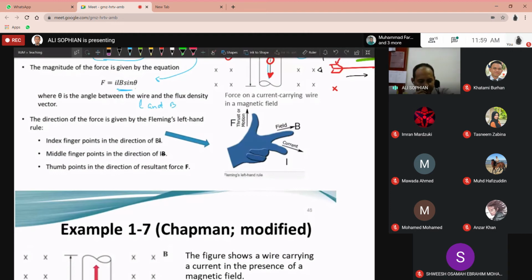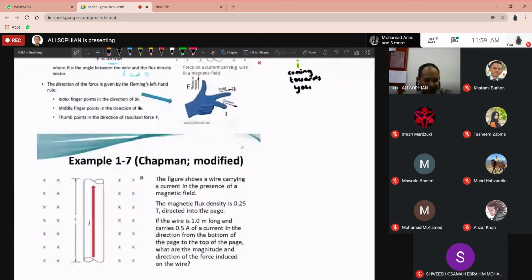Okay, now for this one here, you've got a piece of wire in a magnetic field B, and it's got a length of L, and a current is flowing in the wire in the upward direction. So to find the direction again, we use the left hand, B and I. So B is again still away from us, away from me, and then I is upward.